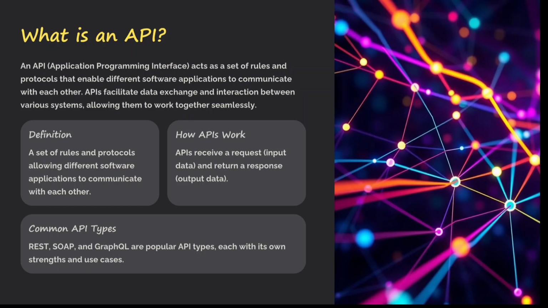Okay, now how does an API work? An API receives the request or input data from the client and, based on it, gives output data back to that particular client. Suppose I am a client and I need the Google Map API.